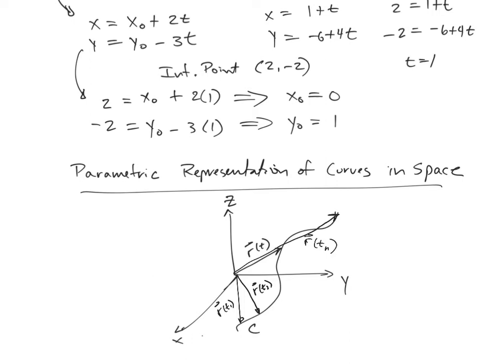So obviously the position vector is constantly changing in direction and magnitude. So some point on here is going to have functions x, y, z, which are going to be also functions of this parameter. As t changes, x, y, and z change, we get a different point on the curve.